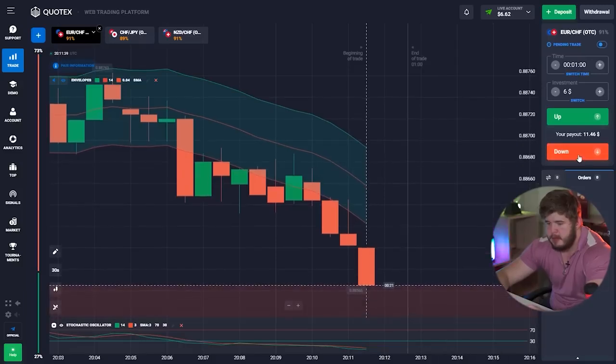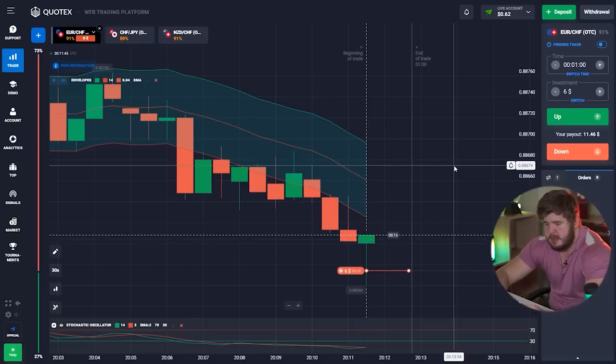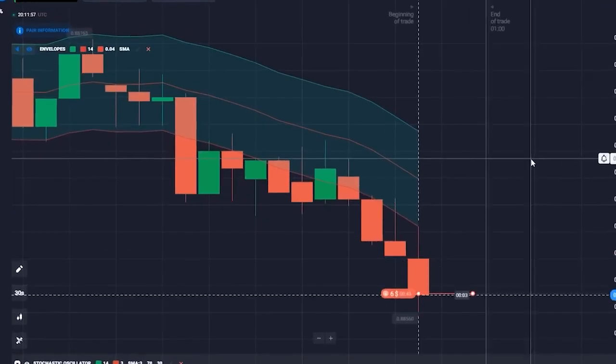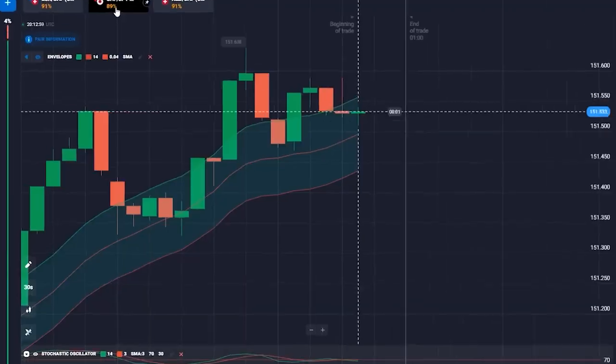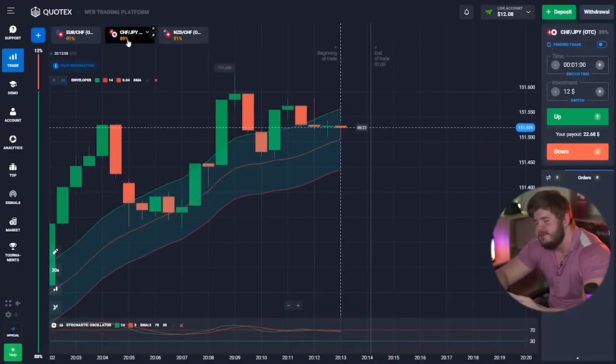Okay guys, now we see a strong sell movement and we open the sell position for this trade. Now the price is clearly moving in the channel.